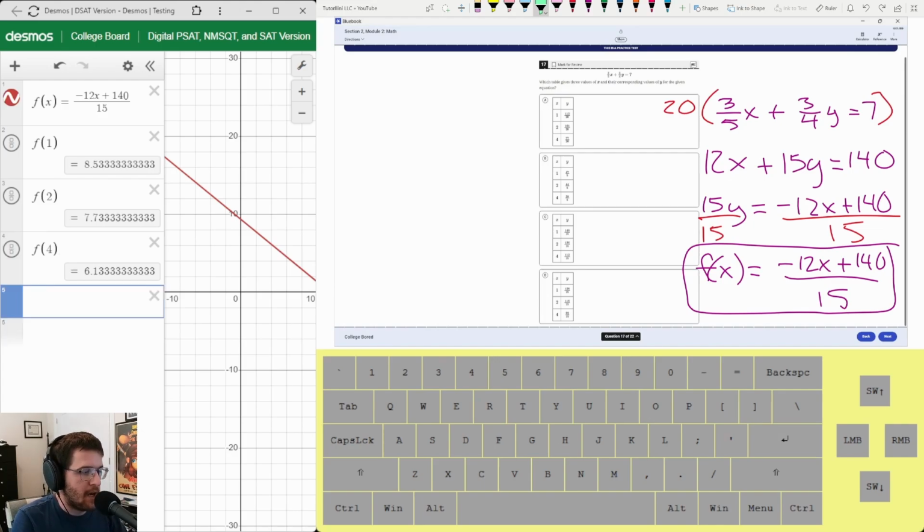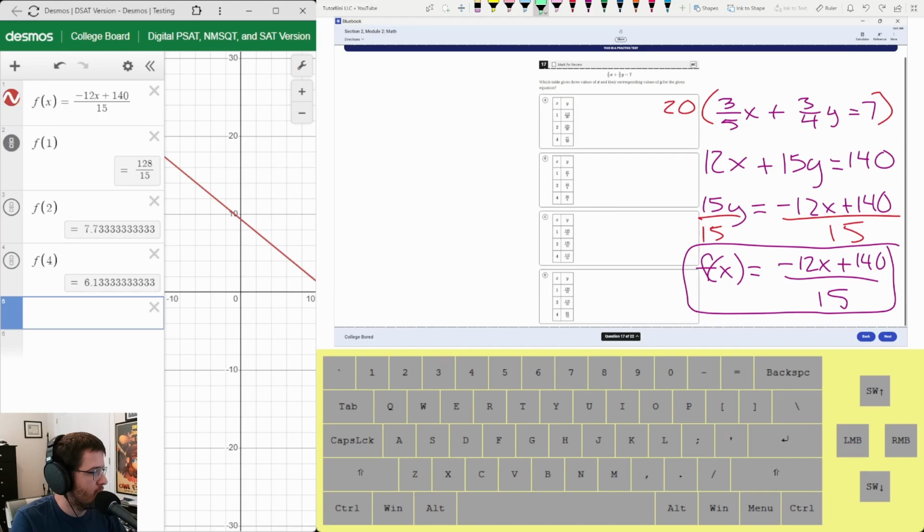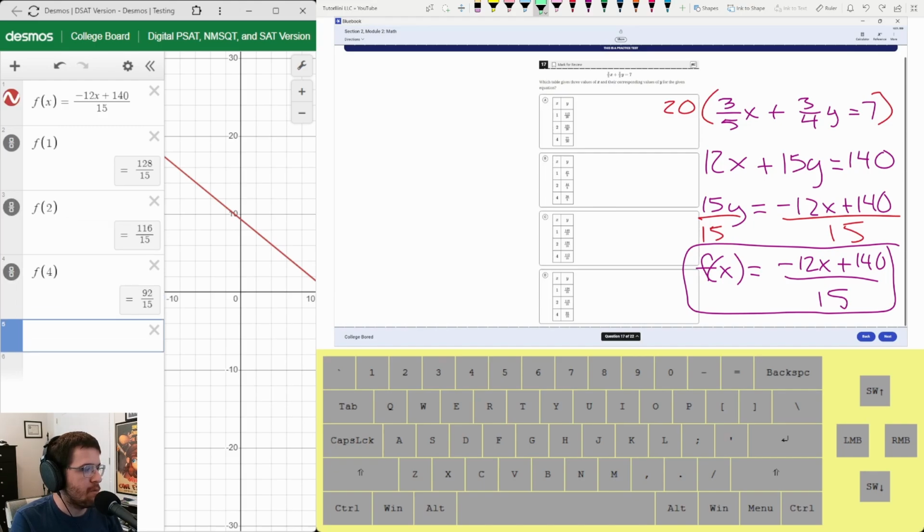And I'm going to click on all these fraction buttons. So it should be 1, 128 over 15; 2, 116 over 15; and 4, 92 over 15. And the only one that's like that is answer choice D.